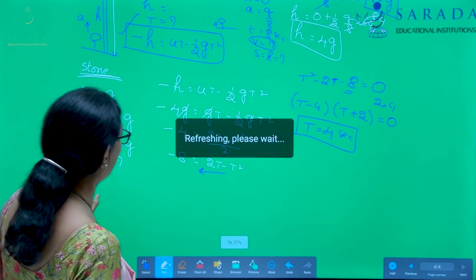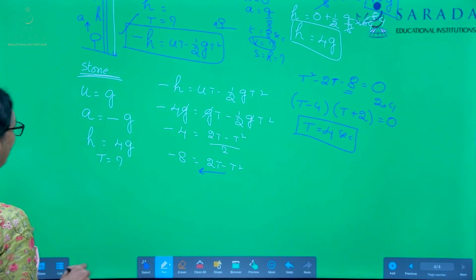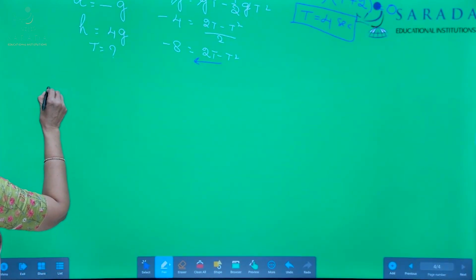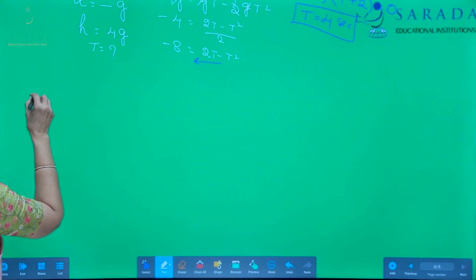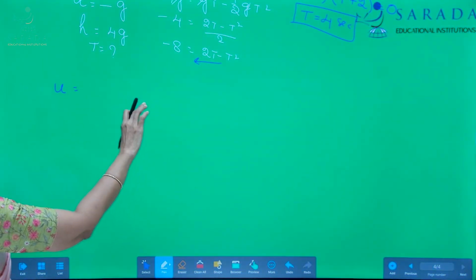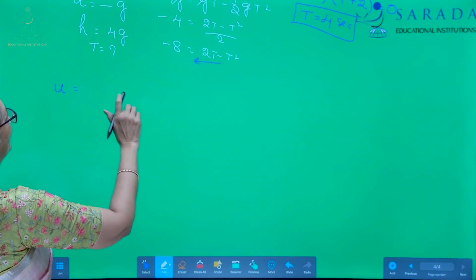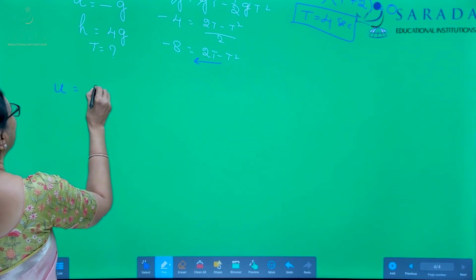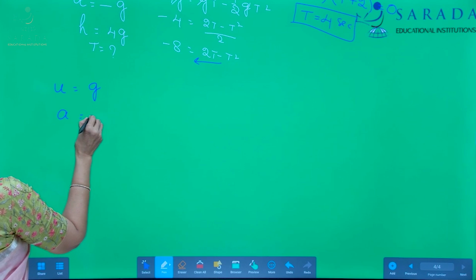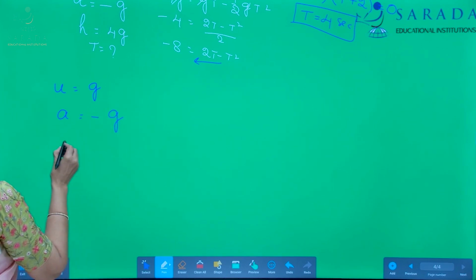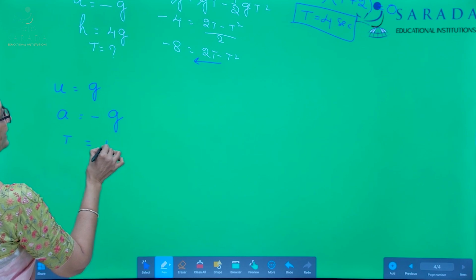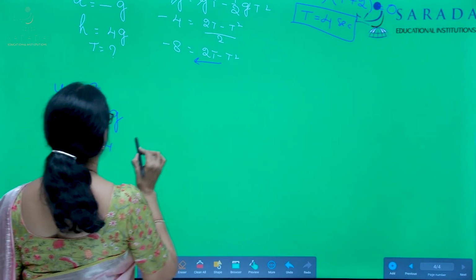So, as far as the stone is concerned, look here, the initial velocity of the stone, u, is equal to, just now we found the velocity, it is equal to g. Acceleration of the stone is minus g. Time taken by it to reach the ground, we could get it as 4 seconds.